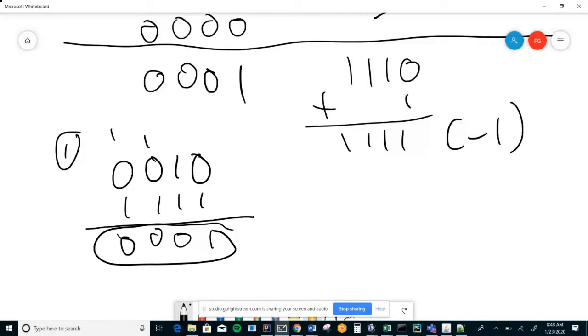So, I mean, this is an outstanding question. This could be 15 or it could be -1, right? And so ultimately, whatever software you write just needs to make some kind of a command decision about the interpretation.